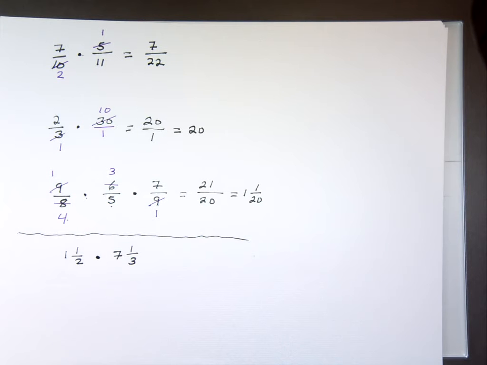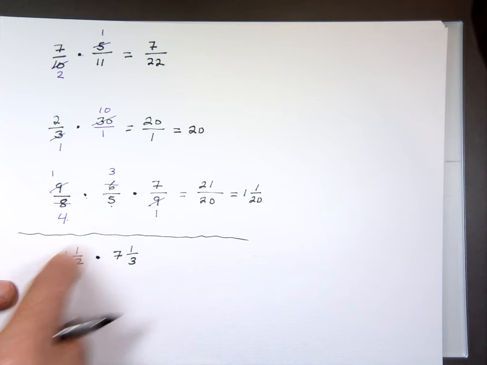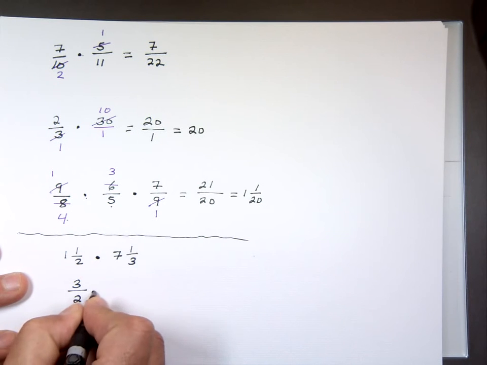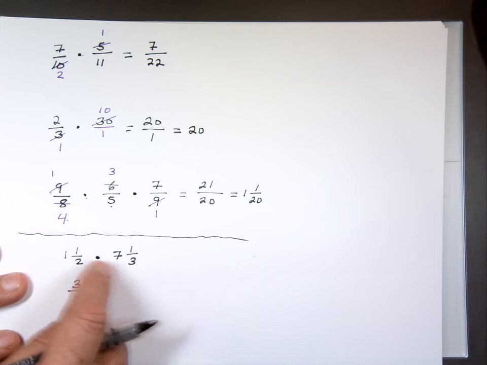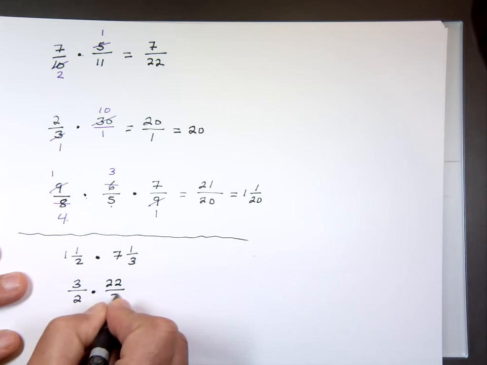What number? Change them to improper fractions. You don't want to multiply the whole times the whole and the fraction times the fractions. So I'm going to change these to improper fractions. 2 times 1, plus 1, that's 3 over 2, times 3 times 7, 21 and 1, 22 over 3.